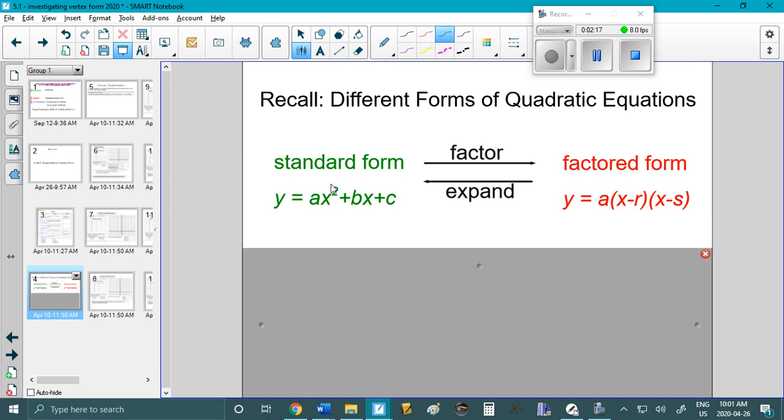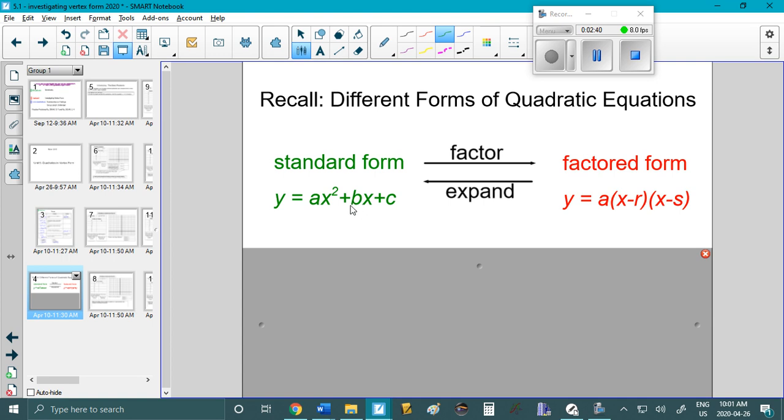of standard form, okay, and factored form. That's what we've done so far. In standard form, we know that this a, if it's negative, it flips upside down. You might remember if a is 2 or 3 or 4, then the parabola gets skinnier and goes up or down faster. If it's negative, it's flipped upside down. The b value doesn't really tell us much.